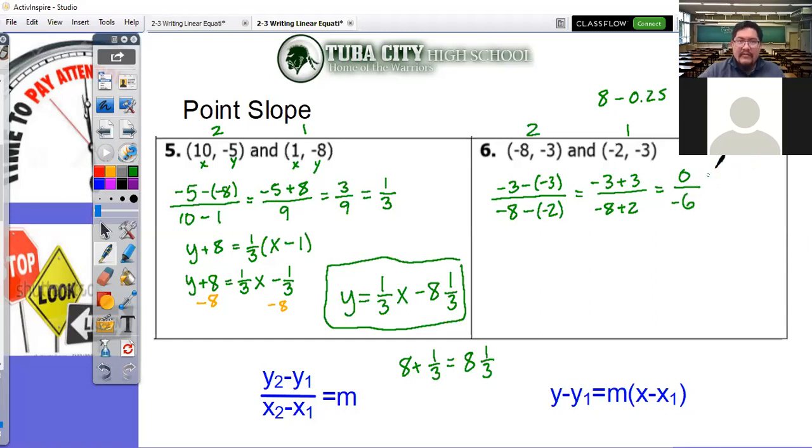Now, when you have a 0 on top, that's a bit of a weird thing because 0 divided by anything is always going to be 0. So that means that we just plain old have 0.